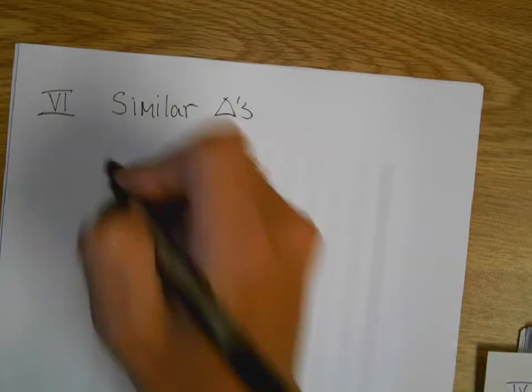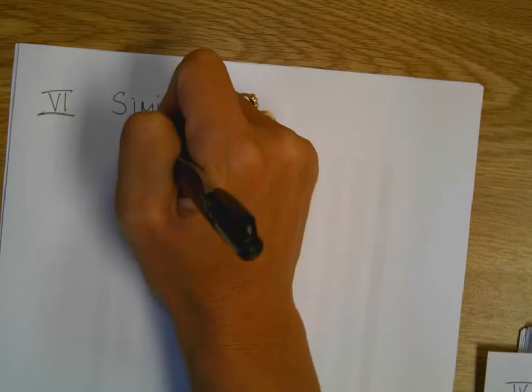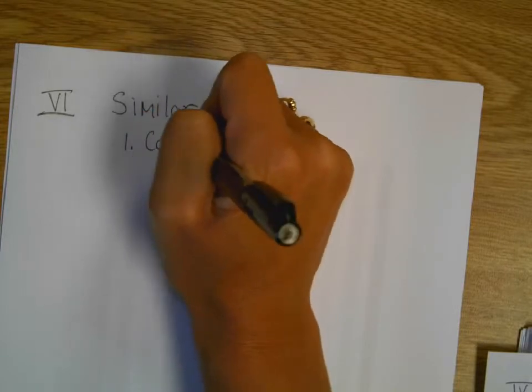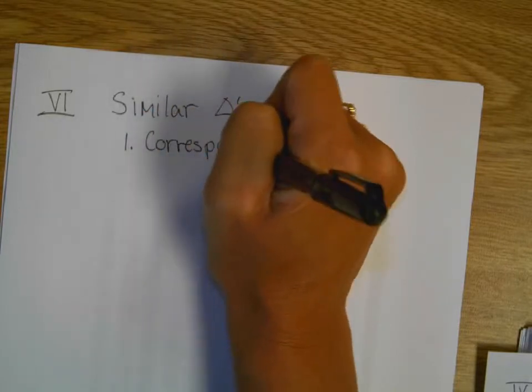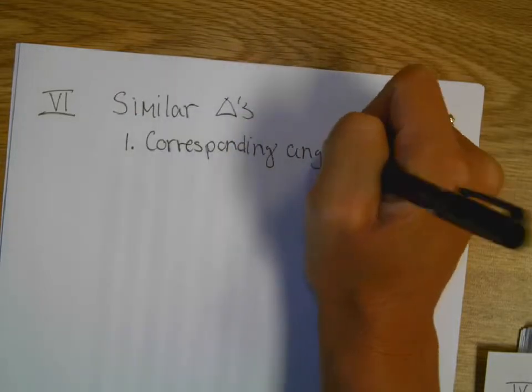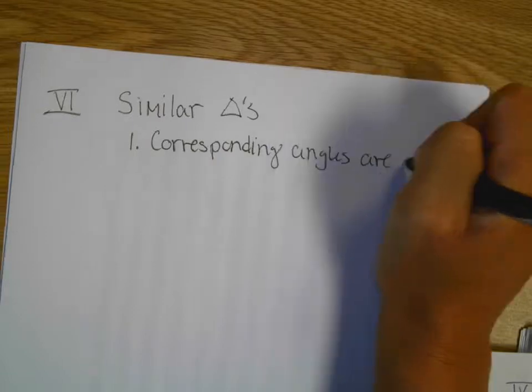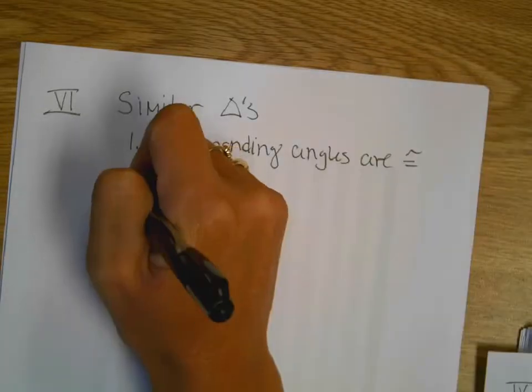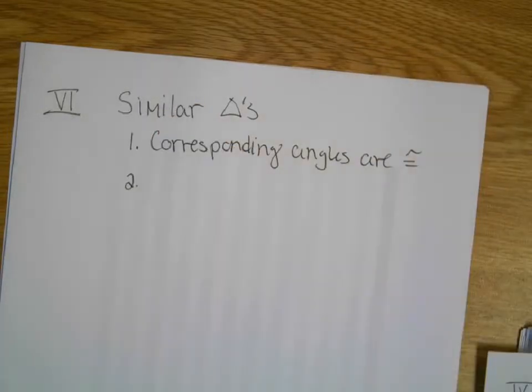The angle measures are the same, so corresponding angles are congruent. And then what was true about the sides? Remember, similar, you're growing and shrinking. The sides are similar, which means they have the same ratio.